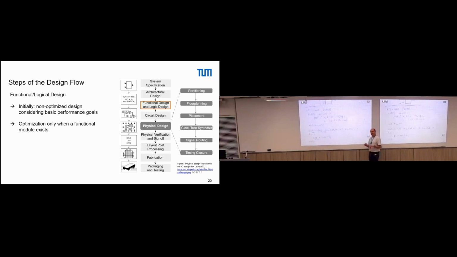We would have some function which, for simplicity, takes integer values only. We have int a, we have int b, that's our inputs. Then we have integer x, some additional signal x.